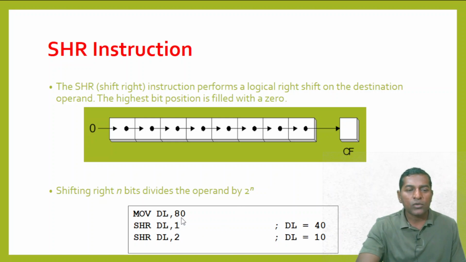For example, if we move the contents 80 into DL, SHR is shifted once and then SHR is shifted twice. If we shift the contents by 1, we will get 40 as a result. It is nothing but a division by 2. The same way, if we shift the content twice, again a division, and we'll get a result of 10.